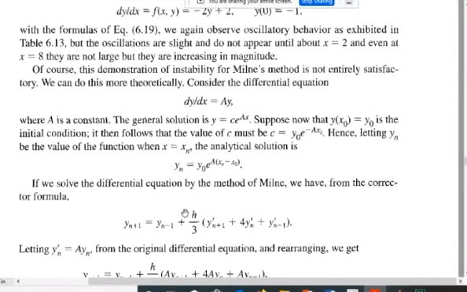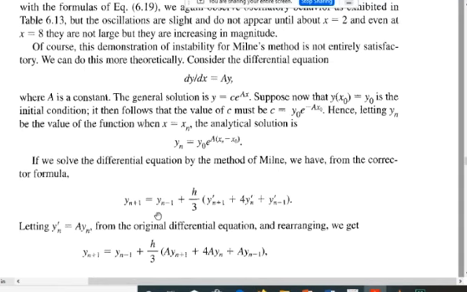From the corrector formula, y n plus 1 equals y n minus 1 plus h divided by 3 times (y prime n plus 1, where y prime is a y, from the definition of the derivative of y, plus 4 y prime n plus y prime at the n minus 1 step).